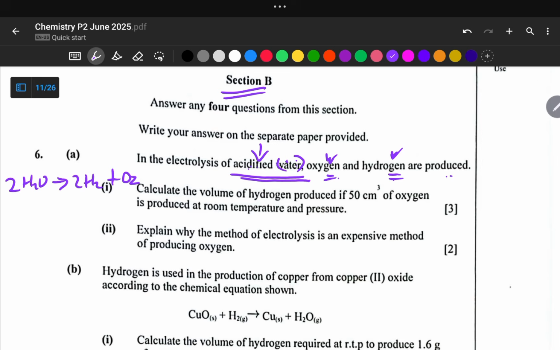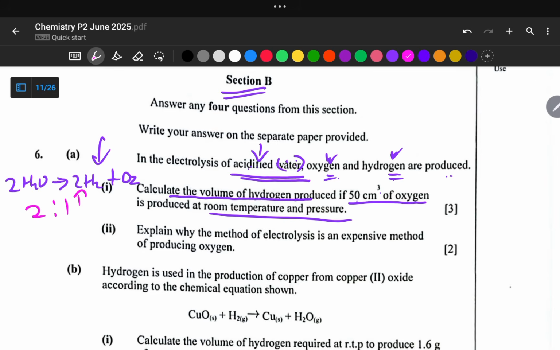The first part says calculate the volume of hydrogen produced if you produce 50 cubic centimeters of oxygen at RTP. As you can see from this equation, hydrogen and oxygen are produced in the ratio 2:1. From the equation, 1 mole of oxygen corresponds to 2 moles of hydrogen.